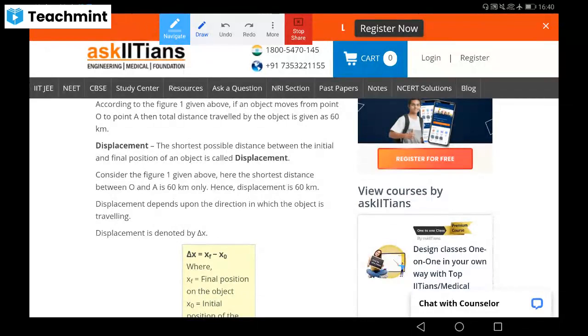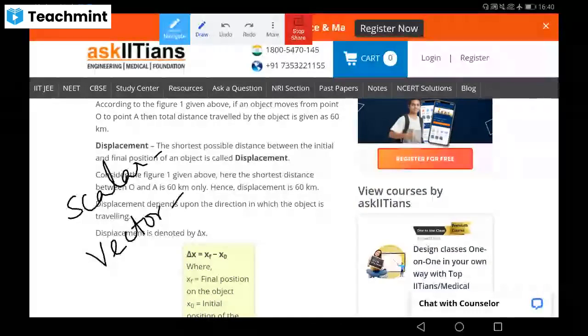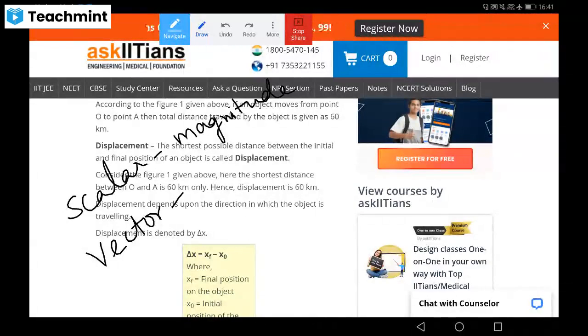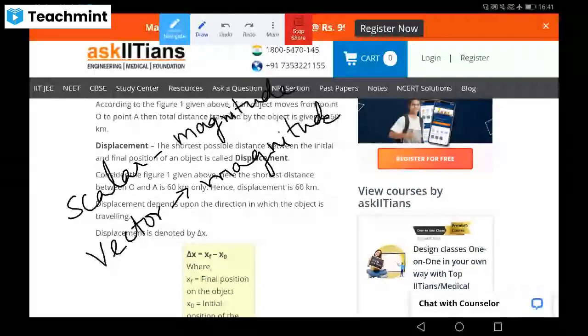So I told you in the last class what is a scalar quantity and what is a vector quantity. A scalar quantity is something which only talks about the magnitude, whereas a vector quantity has both magnitude as well as direction. Magnitude is what?